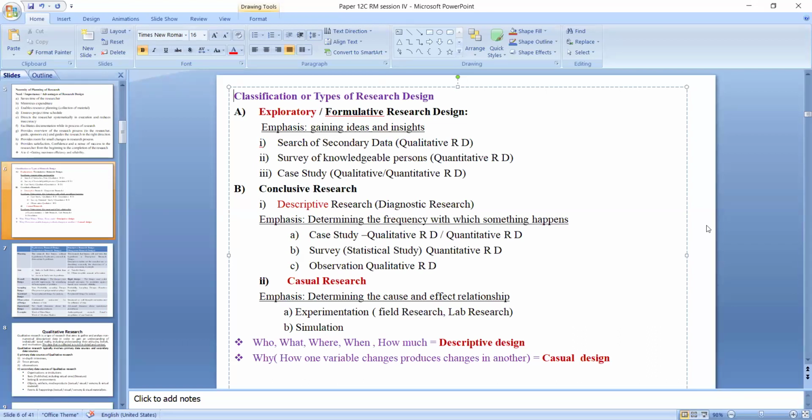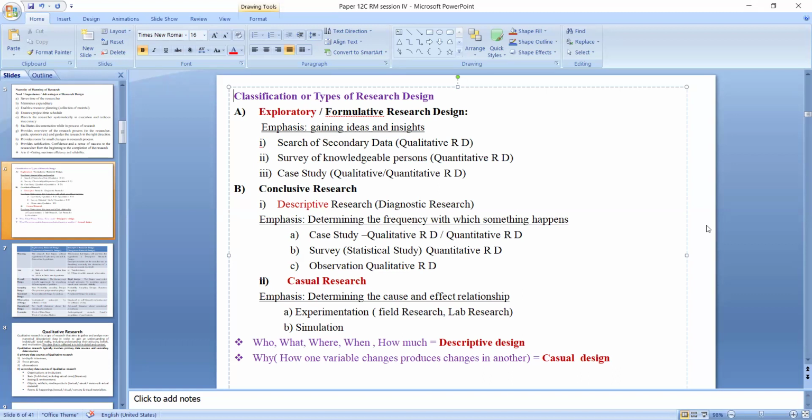Let us understand now the types of research design. There are many types of research design, but very precise, focused, I have brought here, so that conceptually there shouldn't be any confusion. First category is exploratory research or formulative research design.